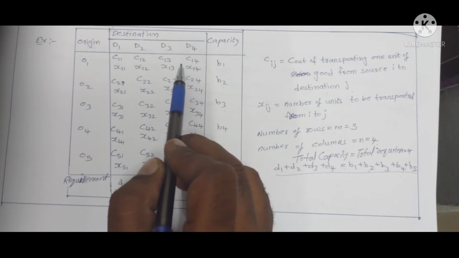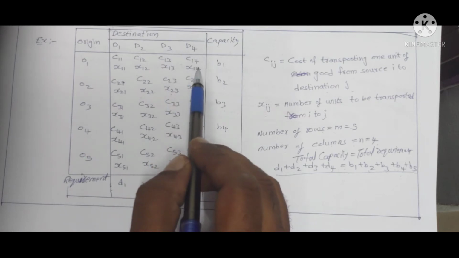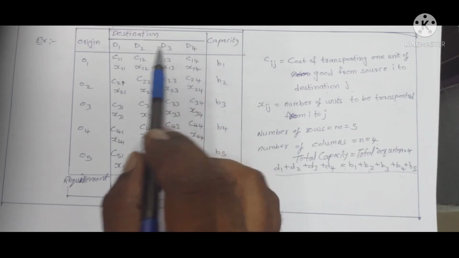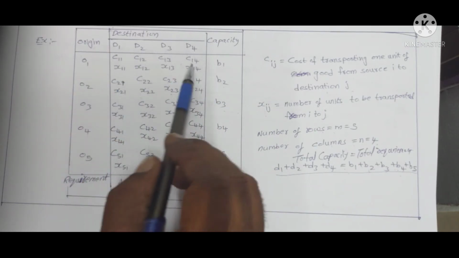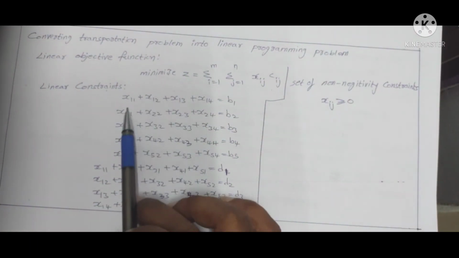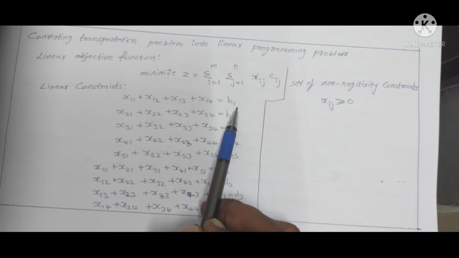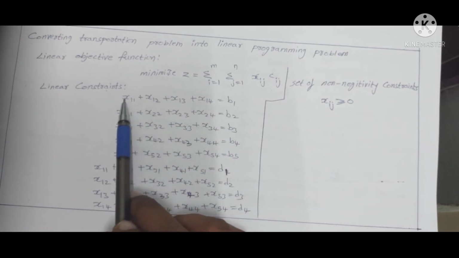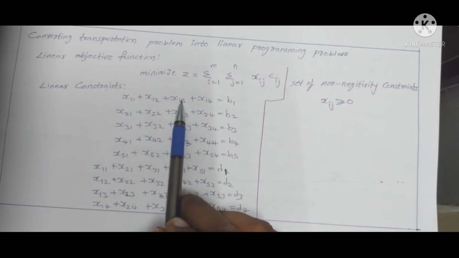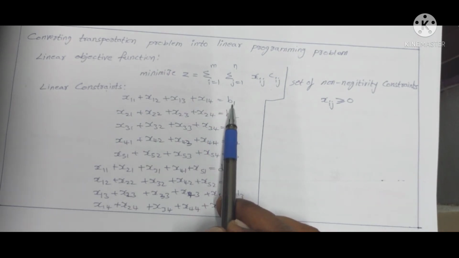The total number of goods transported from O1 is X11 plus X12 plus X13 plus X14, and the total capacity for the origin O1 is B1. The number of goods transported from O1 is equal to the total capacity of that origin. So that is written in the form of an equation: X11 plus X12 plus X13 plus X14 is equal to B1.